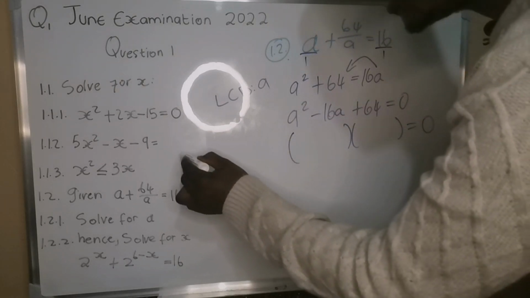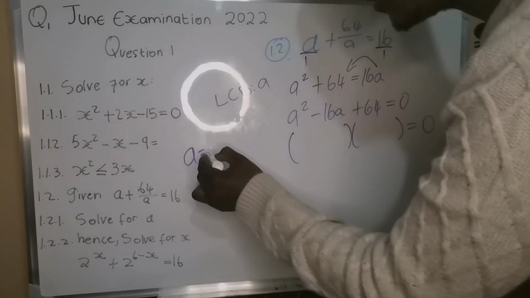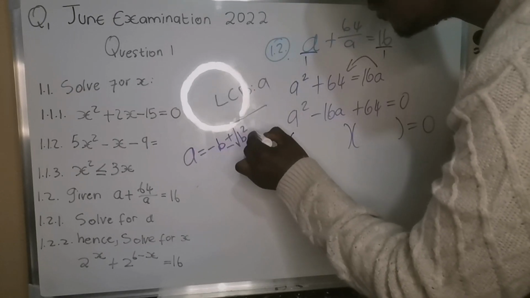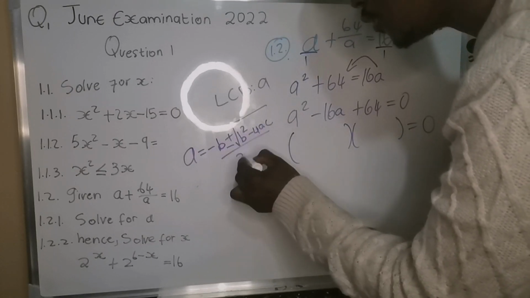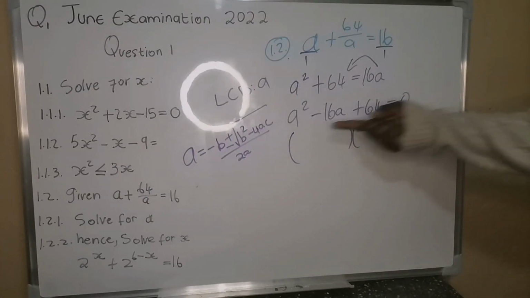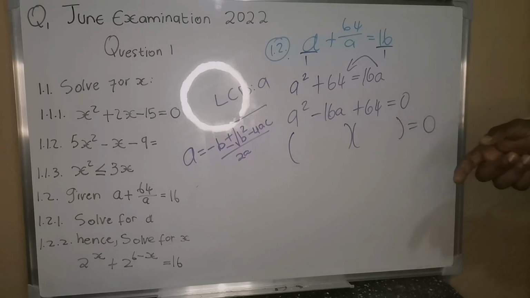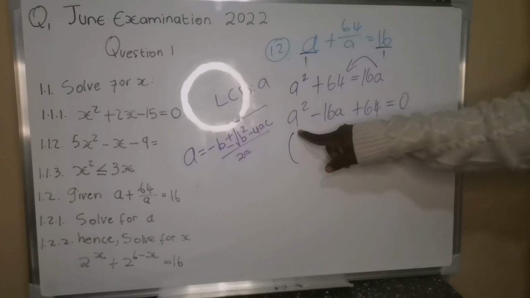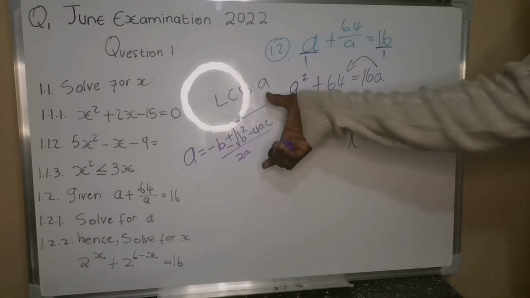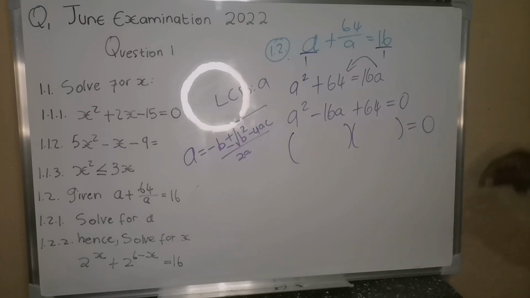So a is equal to negative b plus or minus square root of b squared minus 4ac all over 2a. Please apply this formula if you have a quadratic equation like this one. Please, to get marks, don't confuse yourself by factorizing. Let's apply the quadratic formula if you don't understand how to factorize this equation, but I'm going to assist you today.